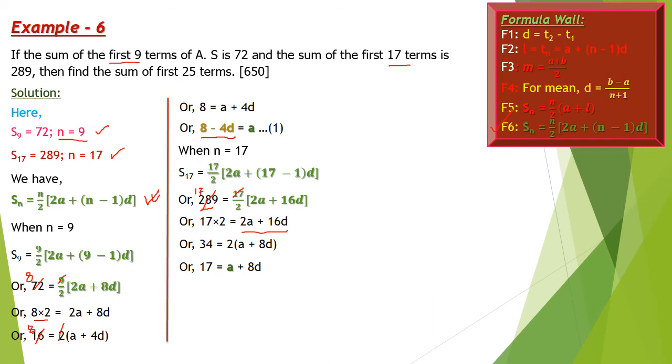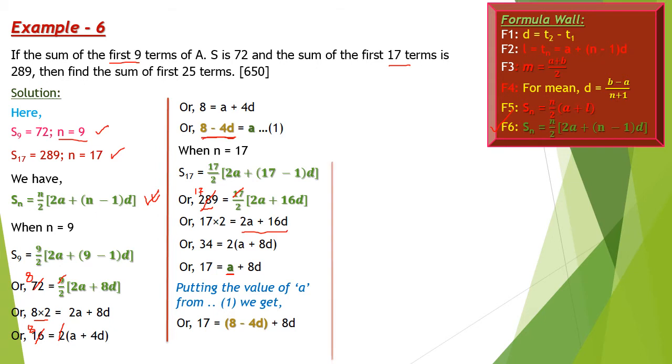Now we can substitute the value of a right here as 8 minus 4d. Putting the value of a from equation 1, we get 17 equal to 8 minus 4d plus 8d. Now we have only one variable d, so we are sure that we are going to get the value of d.